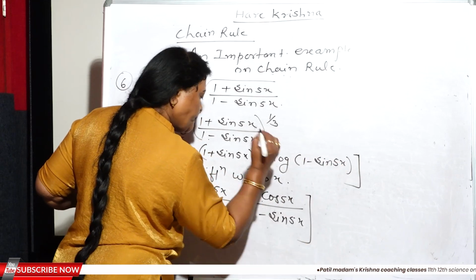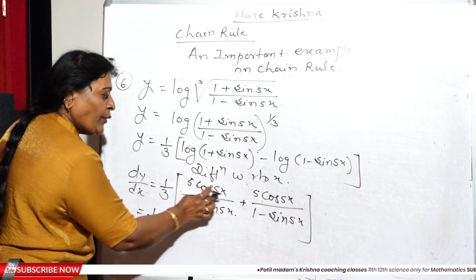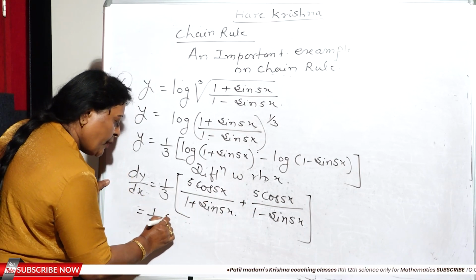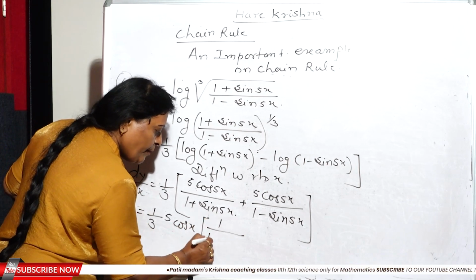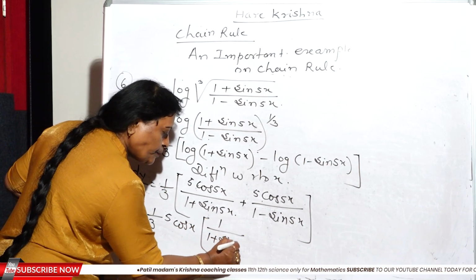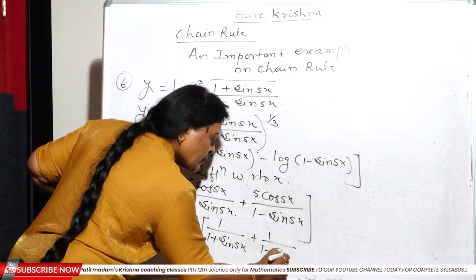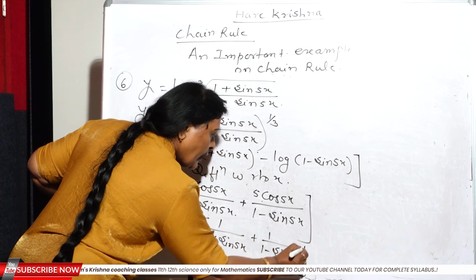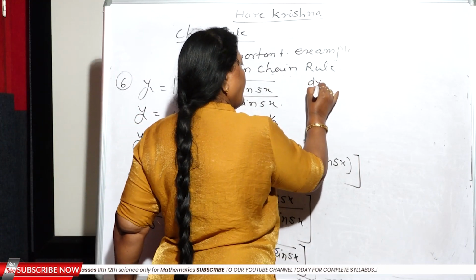Again which term can you take common here? That is 5 cos 5x, you can take common. What remains? 1 upon 1 plus sin 5x plus 1 upon 1 minus sin 5x, right? See here again, that is 3 by 5 dy by dx.